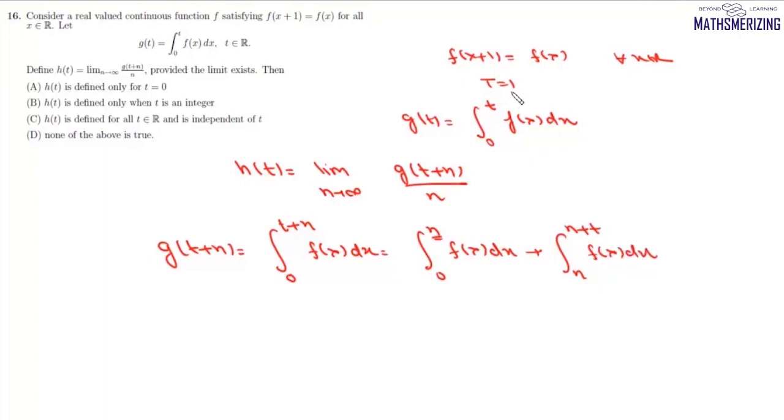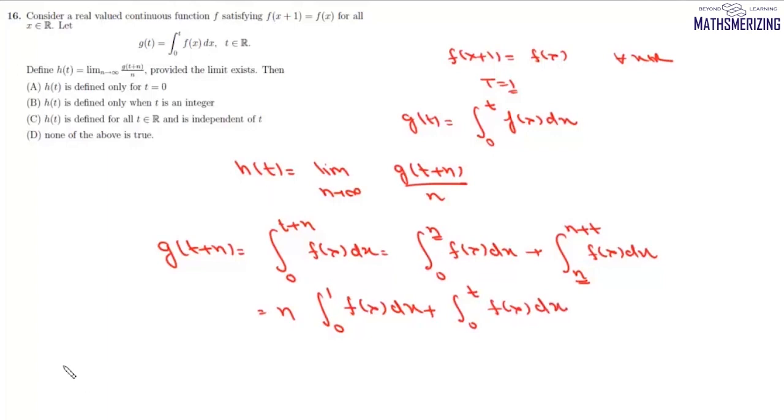Now this function is periodic with period 1. So we can write this as n into this integral from 0 to 1 f(x) dx, plus, now this is from n to n plus t, and it will be from 0 to t f(x) dx.